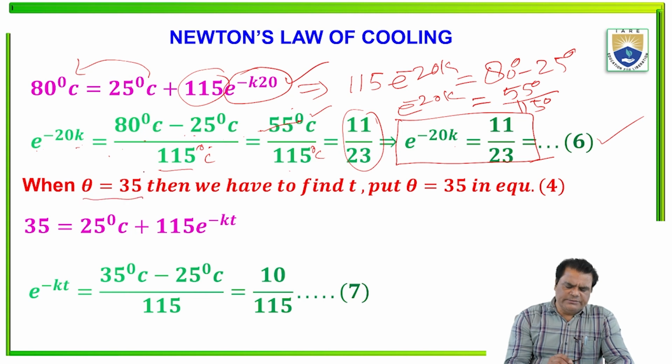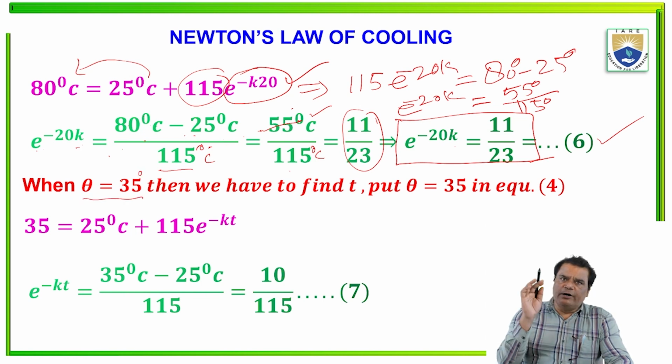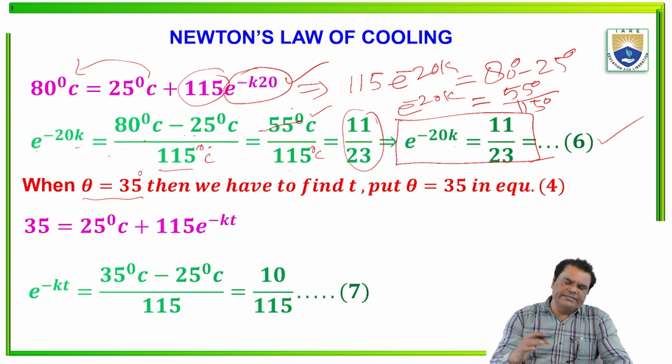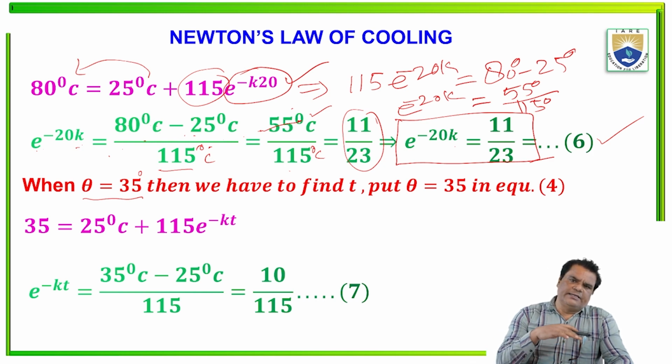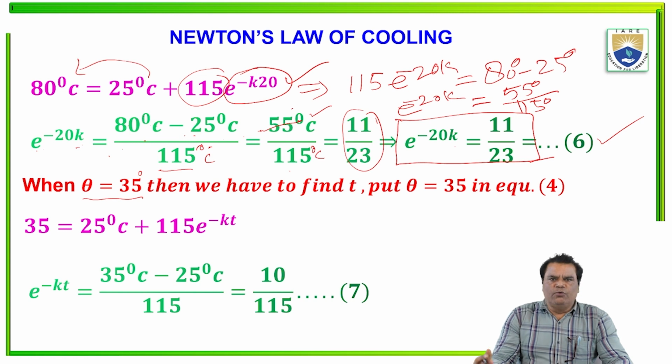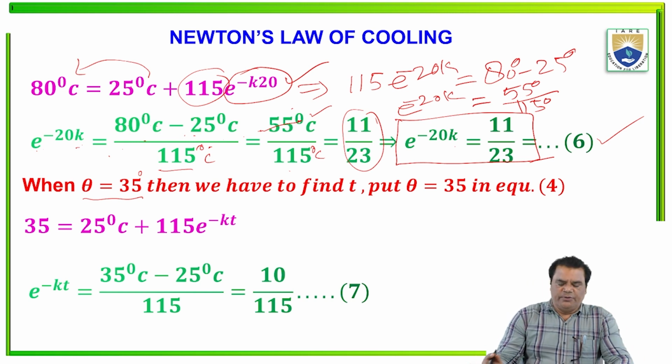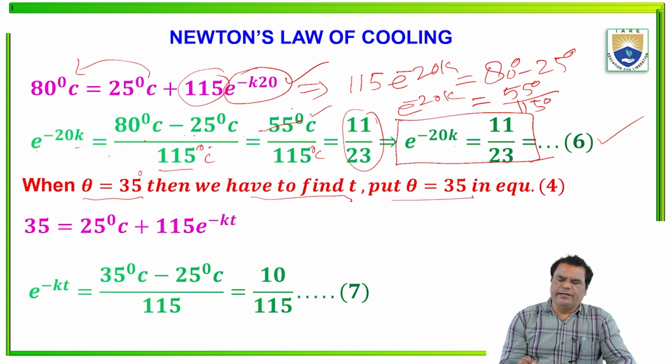When theta is 35, cooled down to 35, then what is the time? At which time does the temperature of our body cool down to 35 degrees centigrade? We have to find the time t for theta equal to 35 degrees centigrade in equation 4 again.